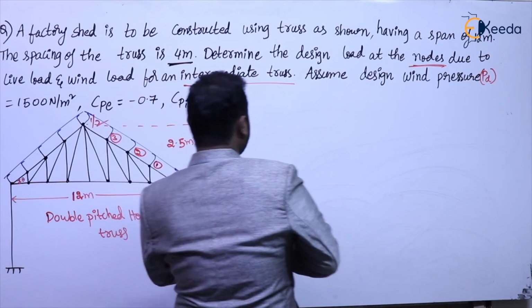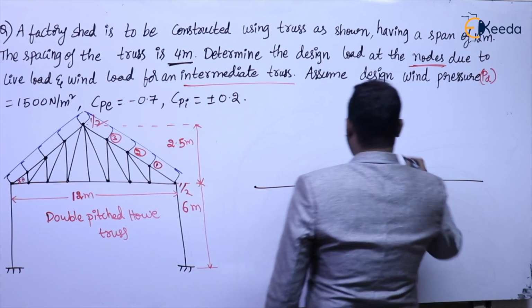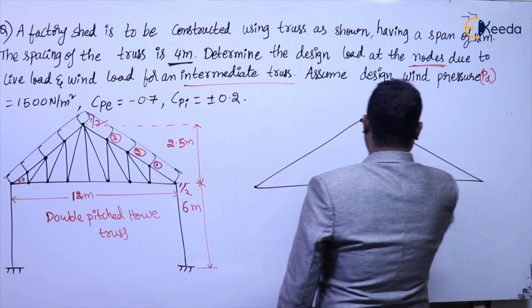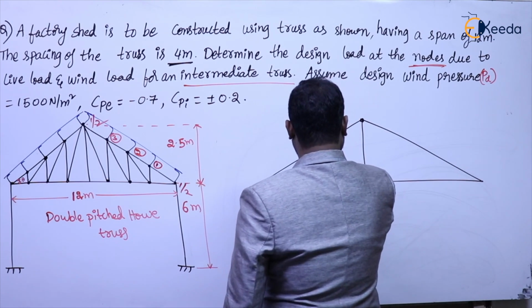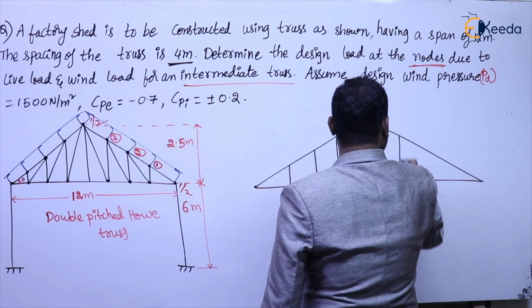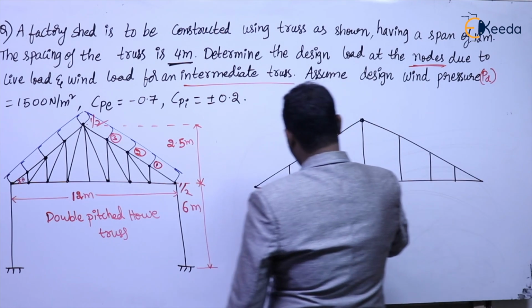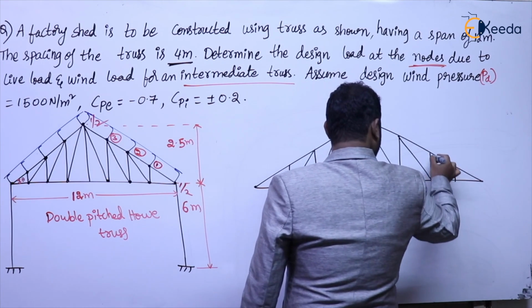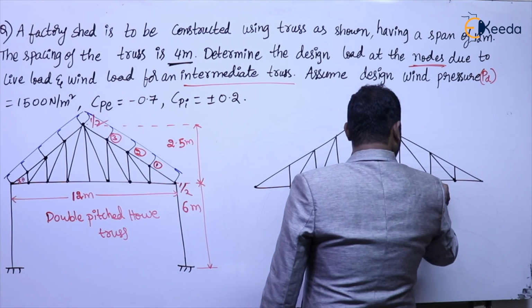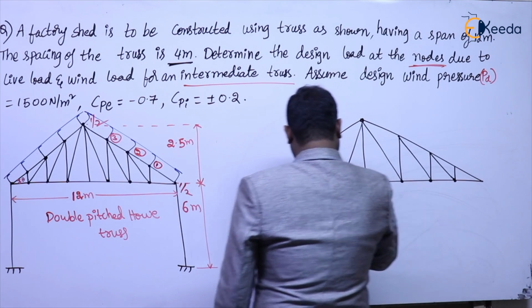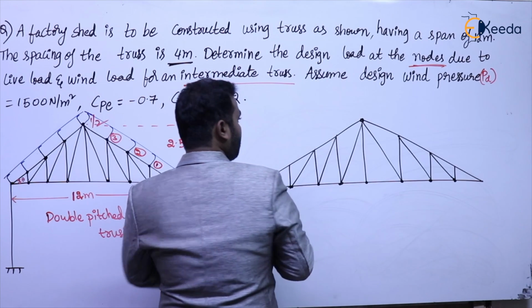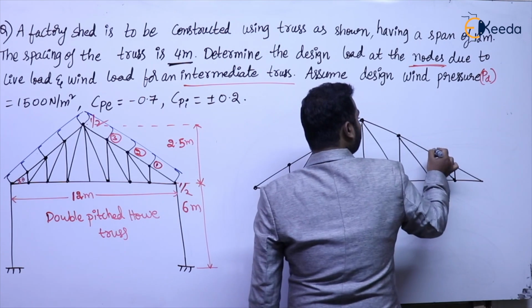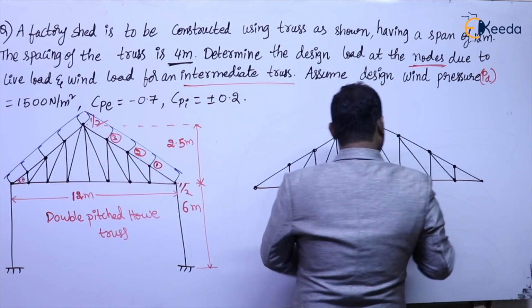Once again, I am going to draw this diagram. The live load and wind load always act in a vertically downward direction.